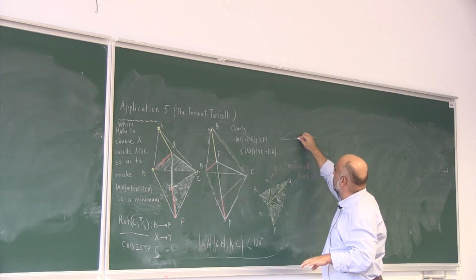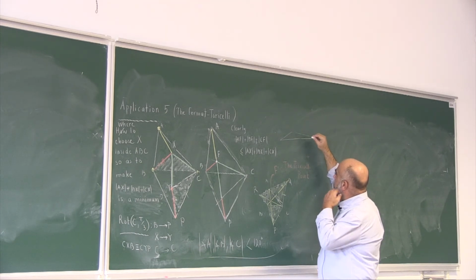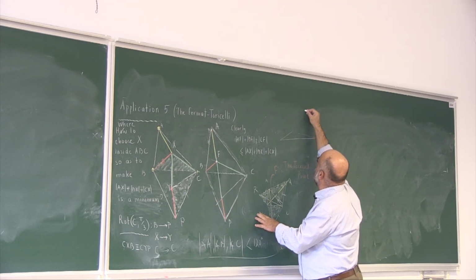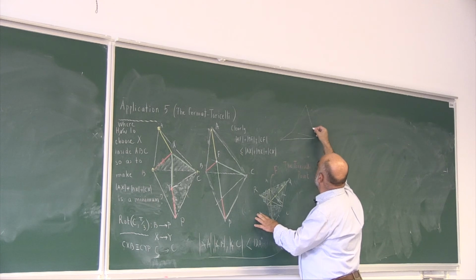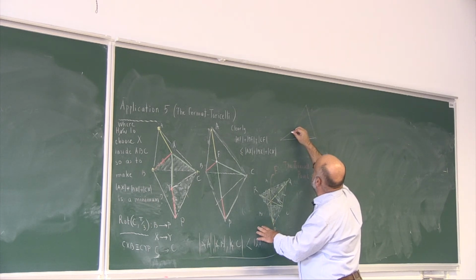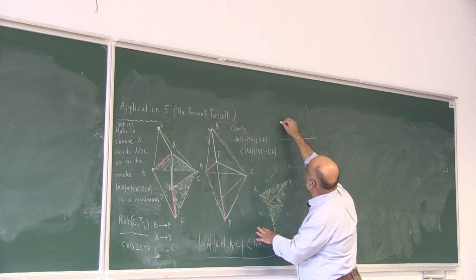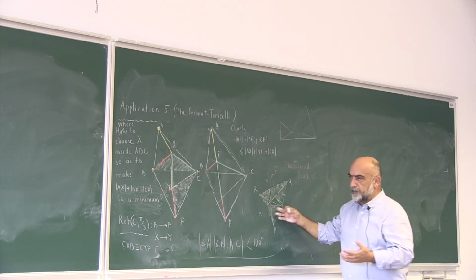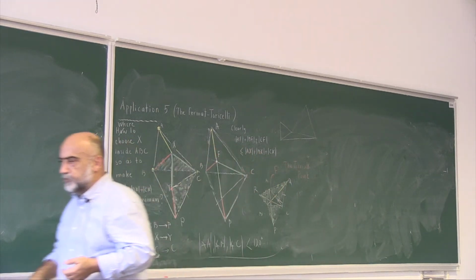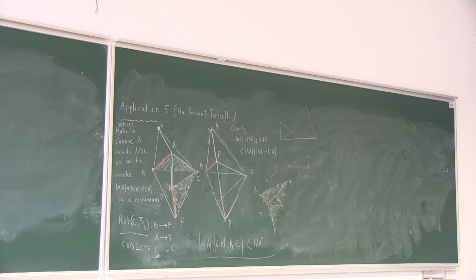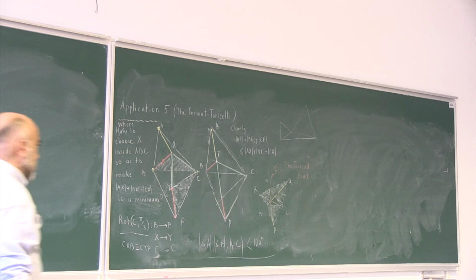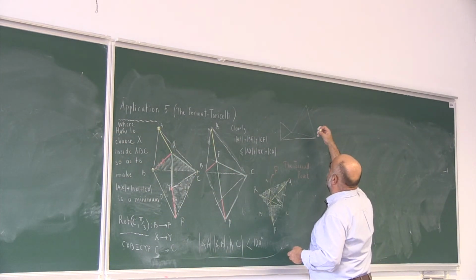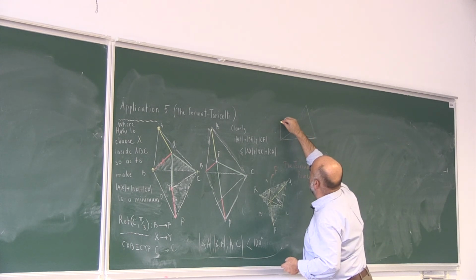What happens is, if you erect an equilateral triangle in this part of the world, and an equilateral triangle in this part of the world, and you try to construct the Fermat point, the Torricelli point, by joining each vertex to the opposite vertex of the equilateral triangle, you get something like this.